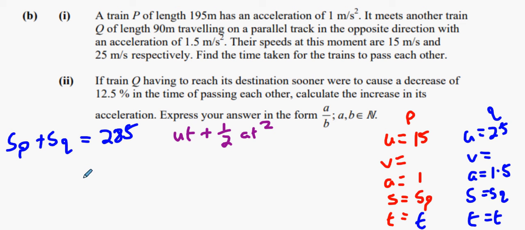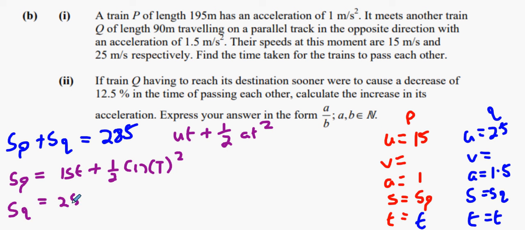So we're going to get, for SP, 15t plus a half 1 times t squared. Okay. For SQ, we're going to get 25t plus a half 1.5 times t squared.